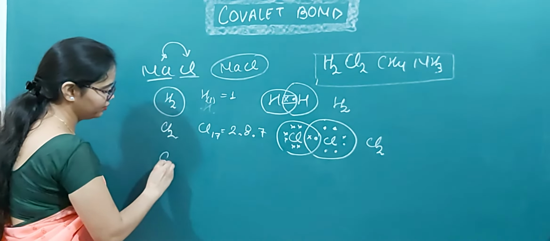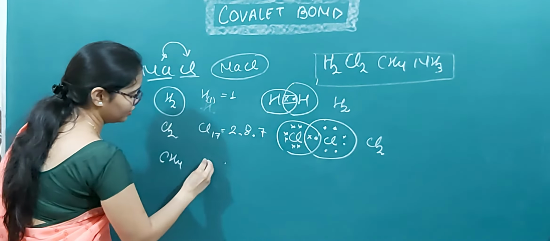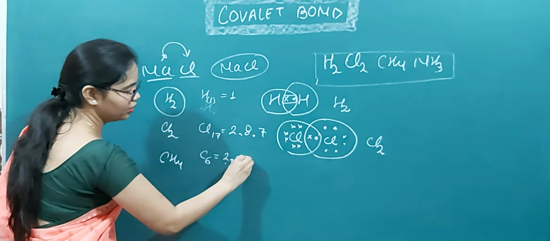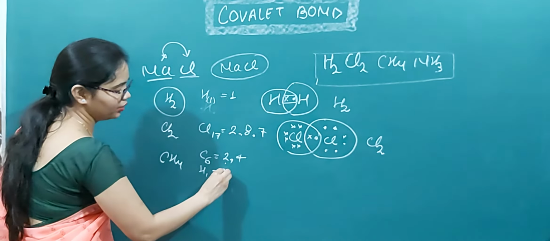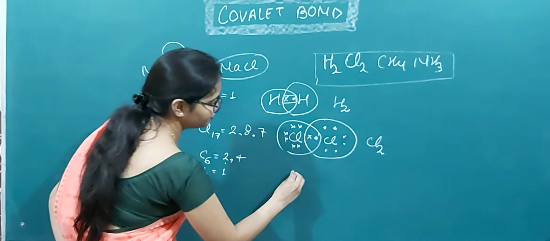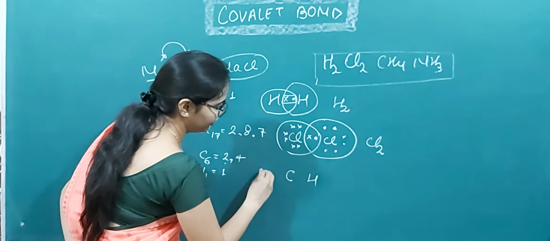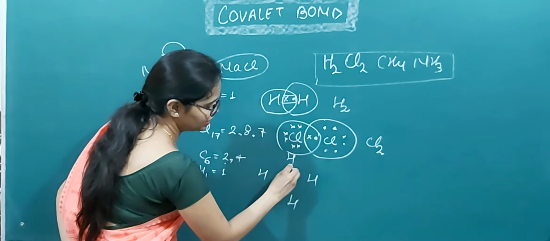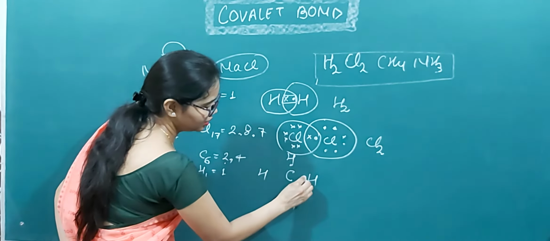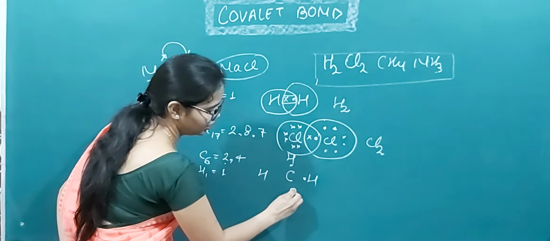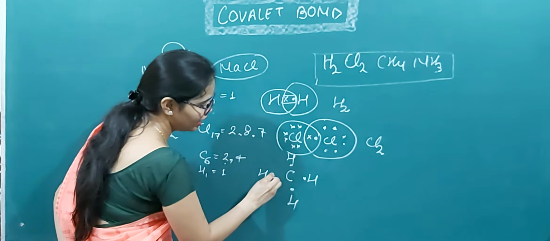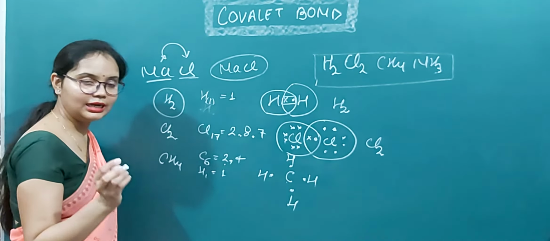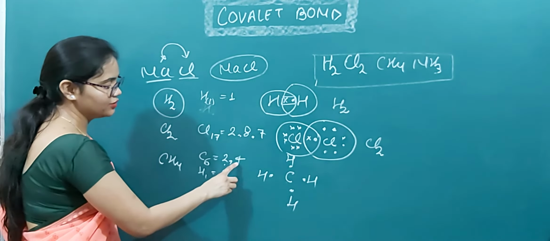Okay, similarly in CH4, carbon has atomic number 6, meaning 2, 4, and hydrogen, as we know, has only one electron. So carbon, hydrogen, hydrogen, hydrogen, hydrogen. This is the electron of this hydrogen, this is the electron of this hydrogen, this is for this lower hydrogen, and this is for this hydrogen. Now we will represent the electrons of carbon, as carbon has 4 electrons.